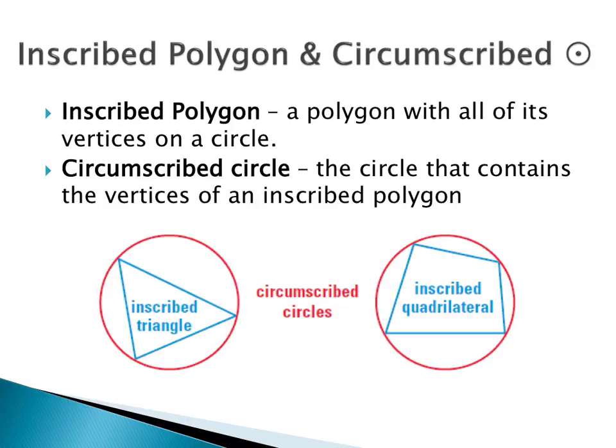And then circumscribed means it's on the outside. So a circumscribed circle is the circle that contains the vertices of the inscribed polygon. So what's on the outside, you would say, is circumscribed, and it's the word about. So I would say that that circle is circumscribed about the triangle, or circumscribed about the quadrilateral. So the inside one is inscribed, the outside one is circumscribed.